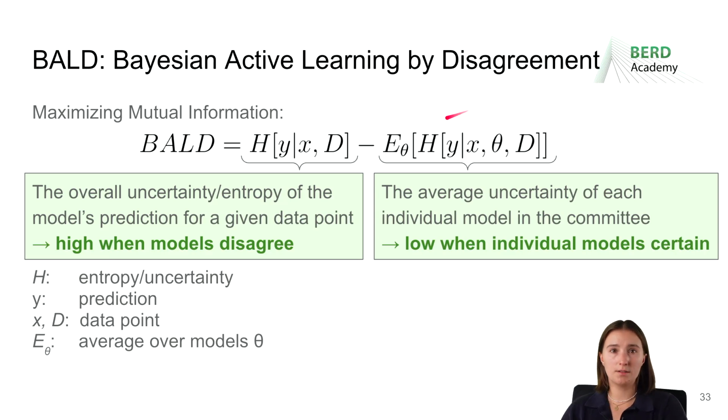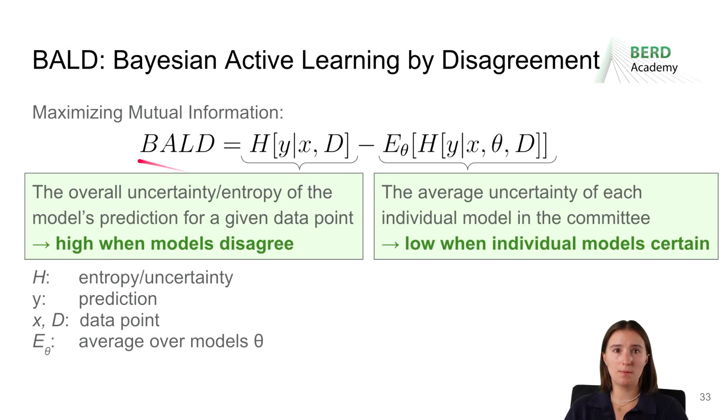Here the first part, this one, is the entropy, H, or the Greek letter eta for entropy, of our prediction, given our data point X and the whole data set the models were trained on, capital D. And this part here describes the overall uncertainty, measured as entropy, of the model's prediction for a given data point. And this one is high when the models disagree.